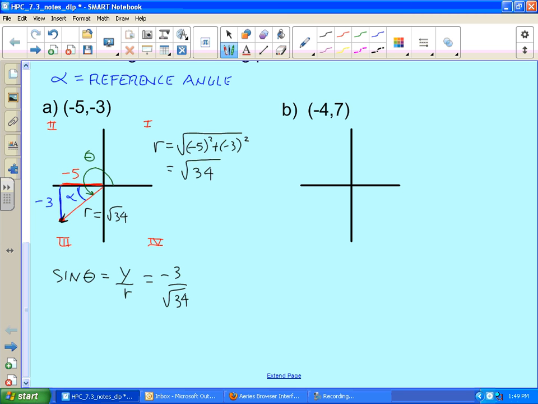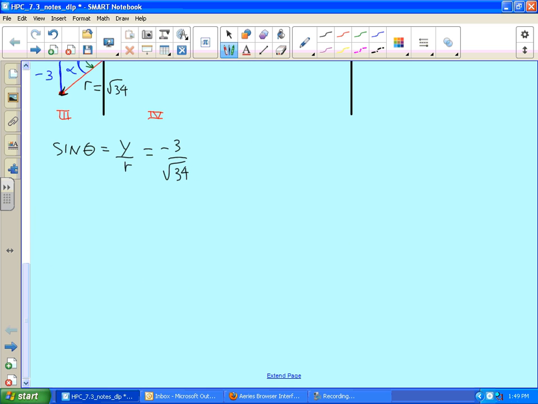No, we want to rationalize those, so we're going to have to multiply everything by square root of 34 in the top and bottom. And we get that sine is equal to -3 root 34 all over 34. Now that can't simplify, so we'd be done. So there's our sine relationship.